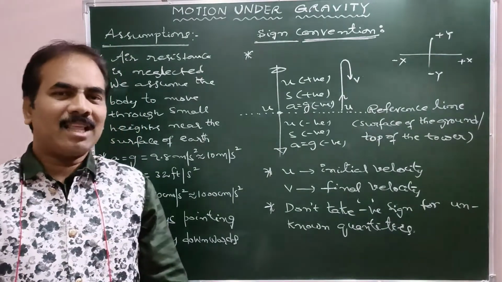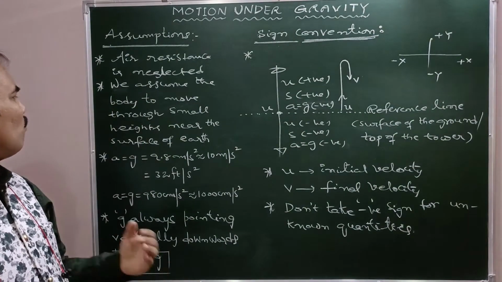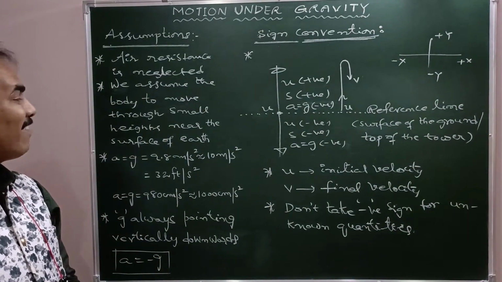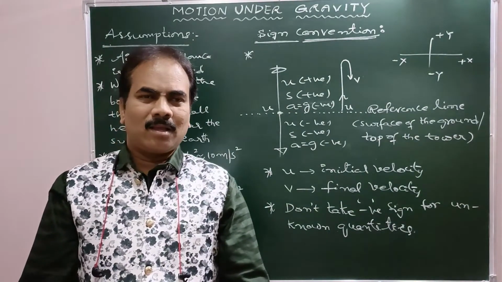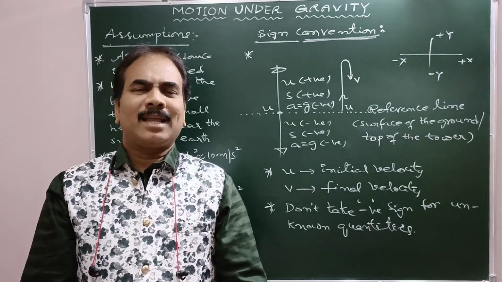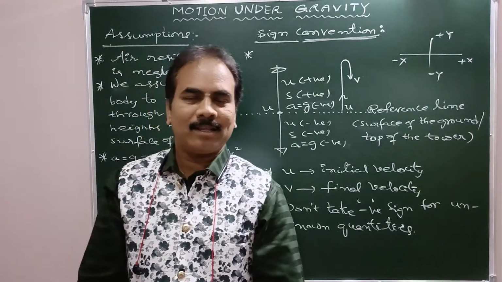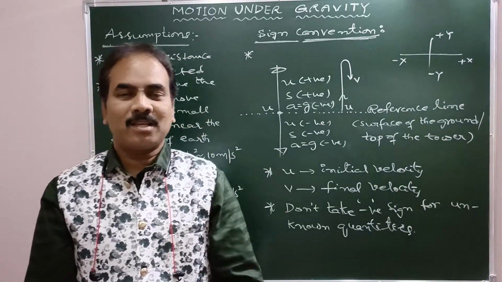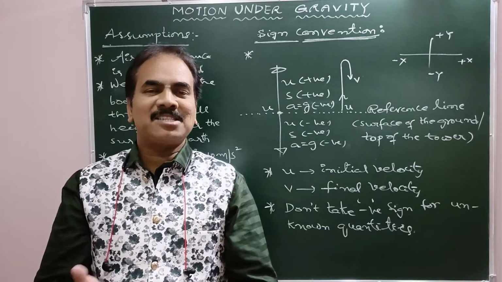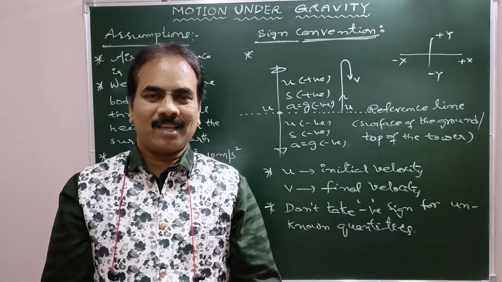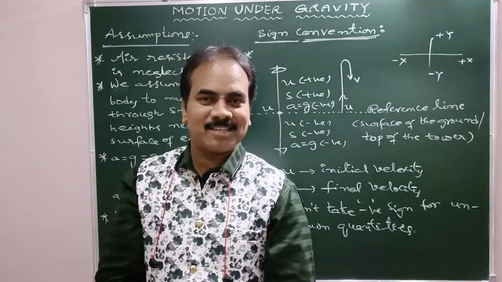Now what is the other assumption? We assume the body moves through small heights near the surface of earth. Why? Because there are so many factors influencing acceleration due to gravity. If you go away from the earth's surface, acceleration due to gravity decreases. If you go deep into the earth, it also decreases.